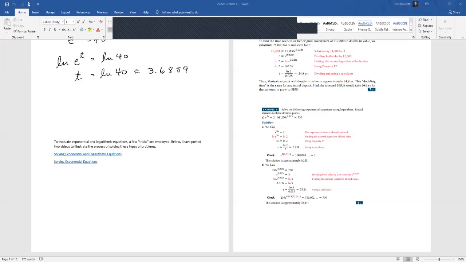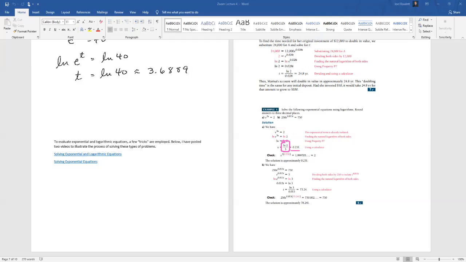Well, ln of e to the power of 3x is just 3x, and that leaves me 3x is equal to ln 2. And since I'm solving for x, I just divide both sides by 3. So x is equal to the natural log of 2 over 3, which is approximately 0.231.